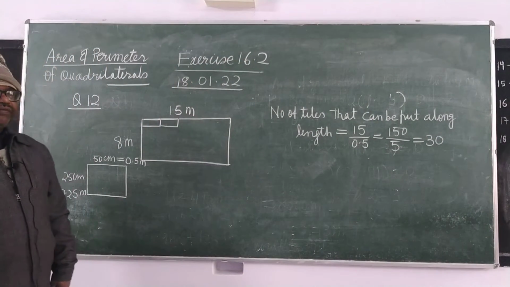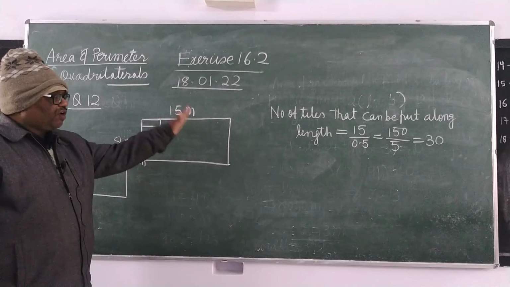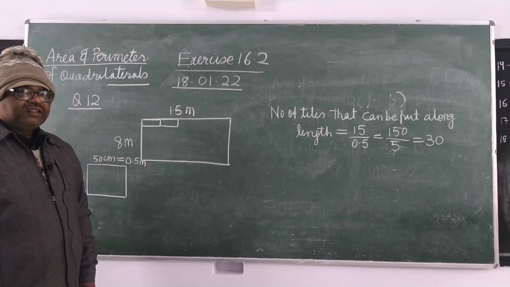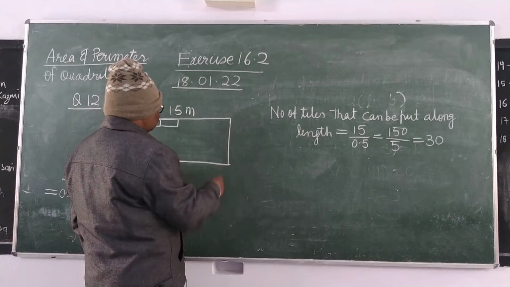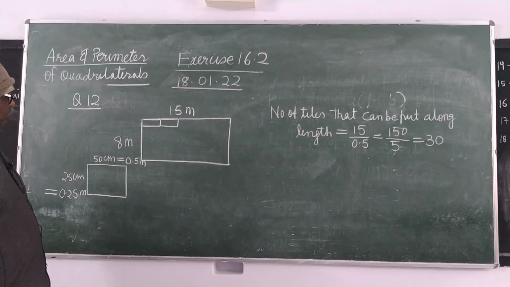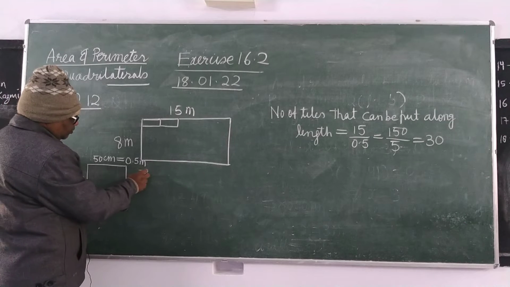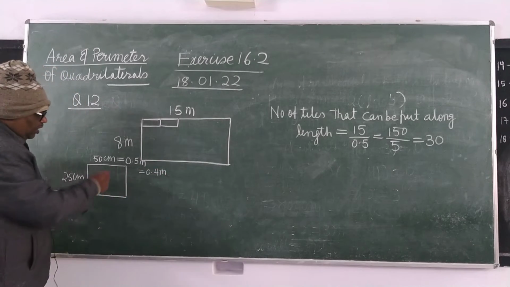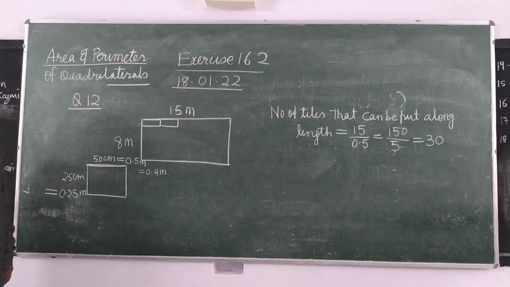Now suppose one more thing here. Suppose instead of 15 meter, this is 16 meter. Or you don't take 16 meter. Here, suppose the length of each tile equals to 0.4 meter.